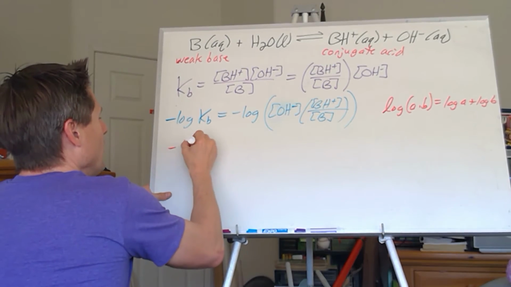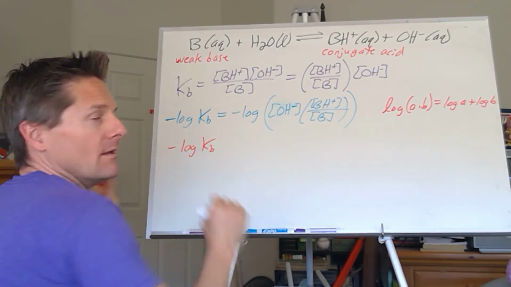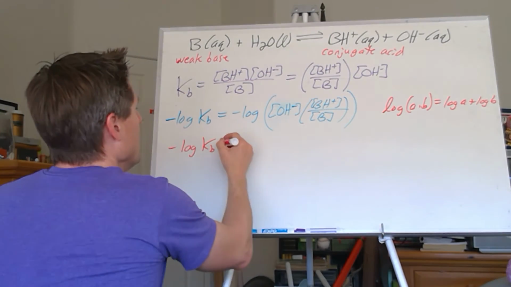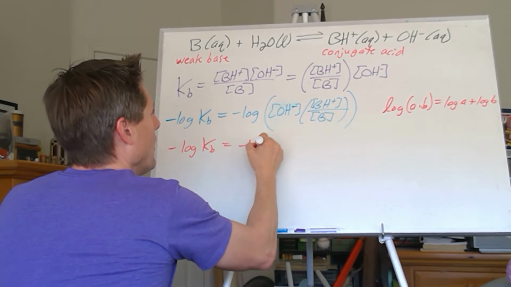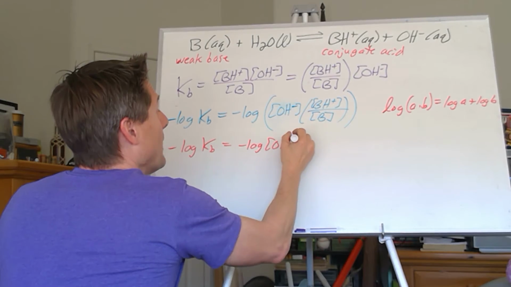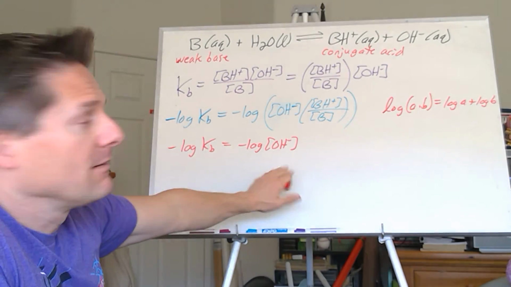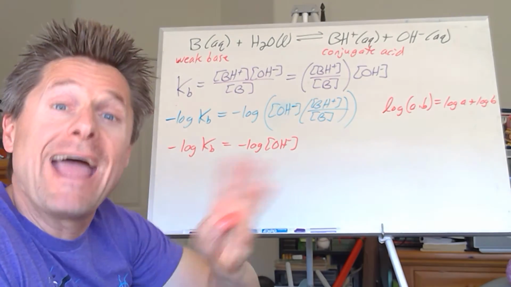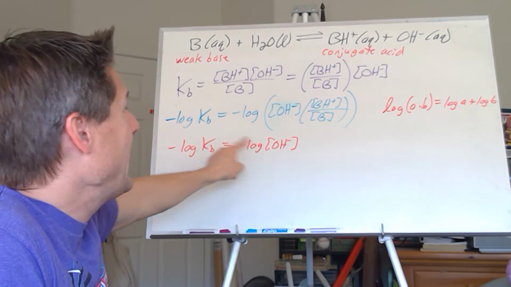So the negative log of the base ionization constant, which you can find on your weak base table, will be equal to the negative log of the OH minus. Remember, when you P on something, this will be the pKb, this will be the pOH. For acids, that was the pKa and the pH.